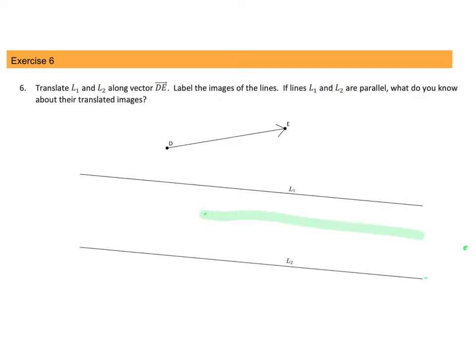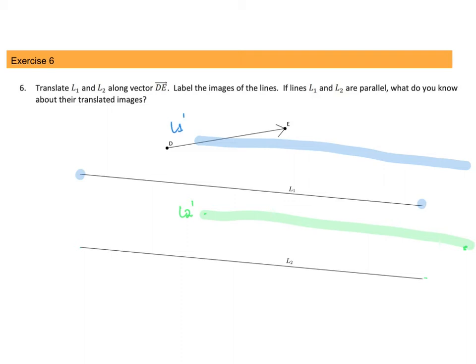So this is line 2, and this new line is line 2 prime. Again, I know it's not perfect. And we're going to do the same with this one. Here's my point here. I'm sliding it up a little bit. It's going to be probably right there. And this point, I'm sliding it up as well. Probably going to be right here. Obviously, it's not perfect because I don't have a transparency, but this one will be called L1 prime.